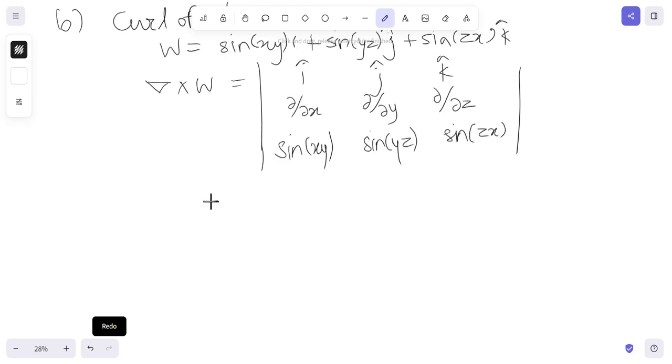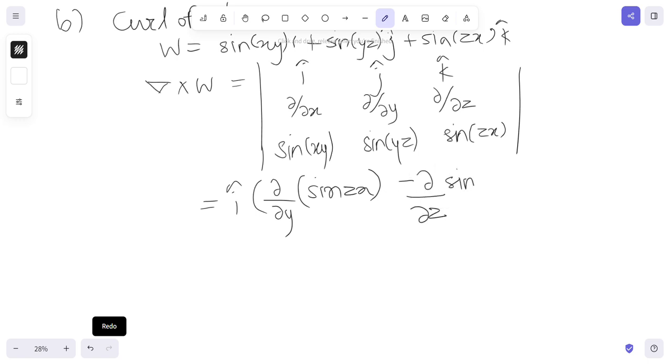Now let us obtain the determinant. For i cap, it would be the derivative with respect to y of sin of zx minus the derivative with respect to z of sin yz.